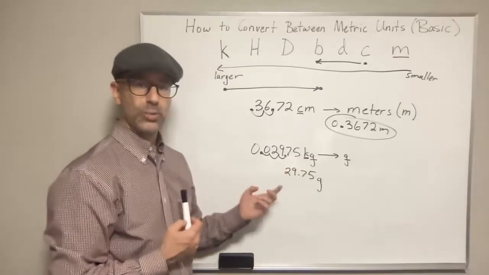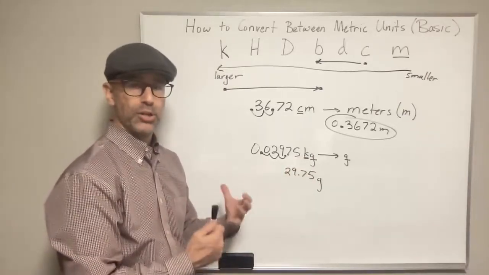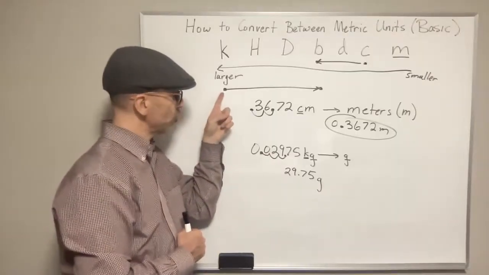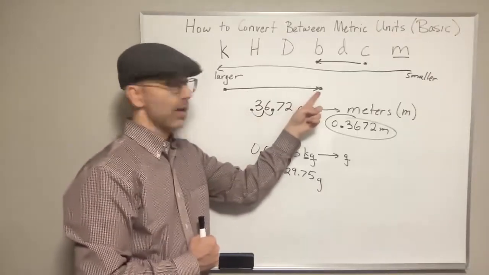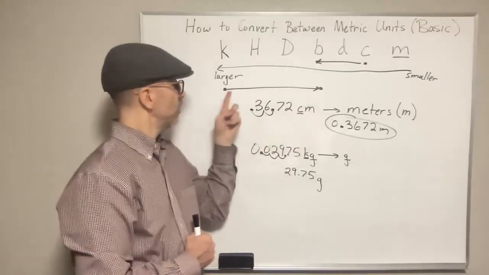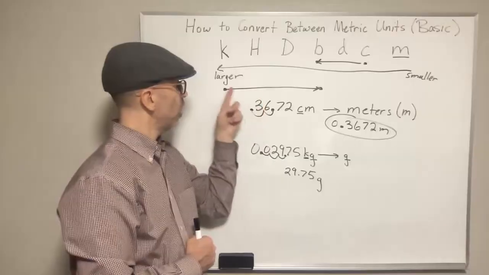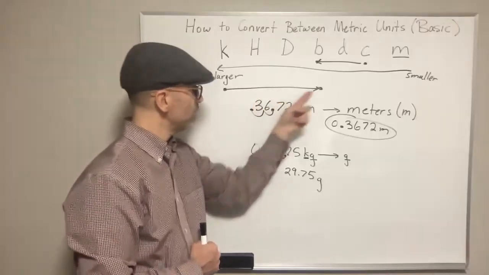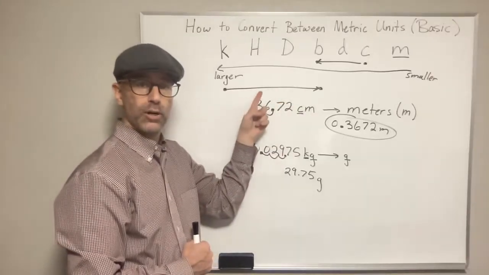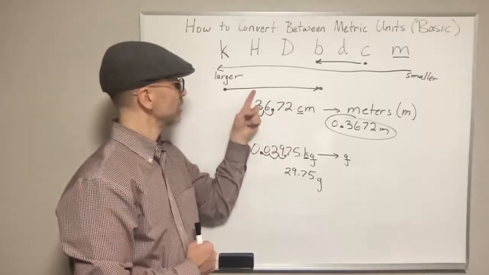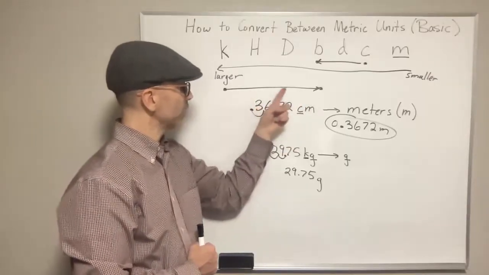So we've now successfully converted kilograms to grams. And again, notice what happened with the number compared to the unit. We're going from a larger unit to a smaller unit. So here we're going this way, and we move the unit 3 times. Each time we move over, we're getting a smaller unit, and it decreases by a factor of 10.